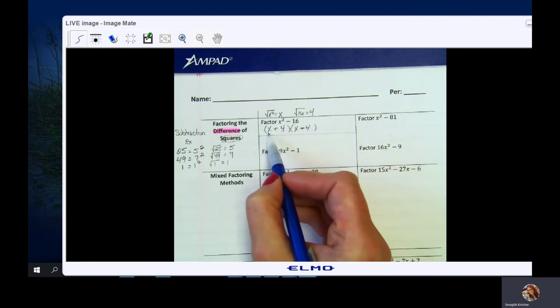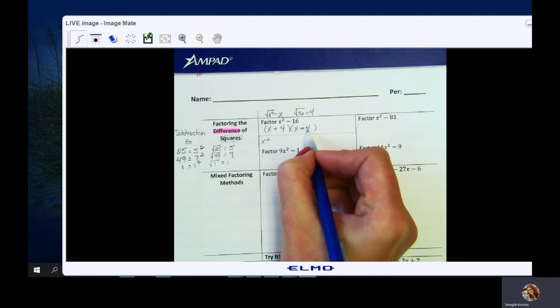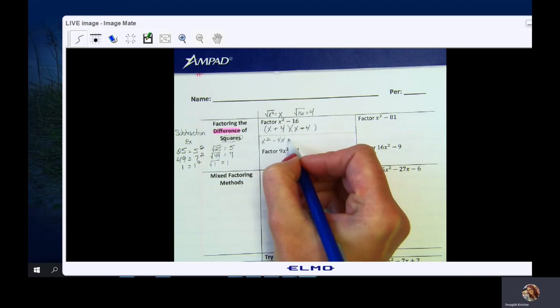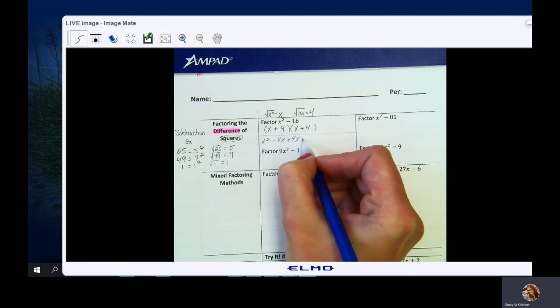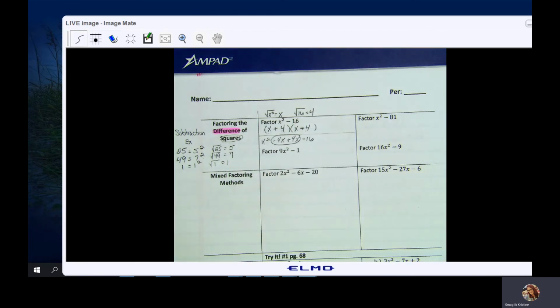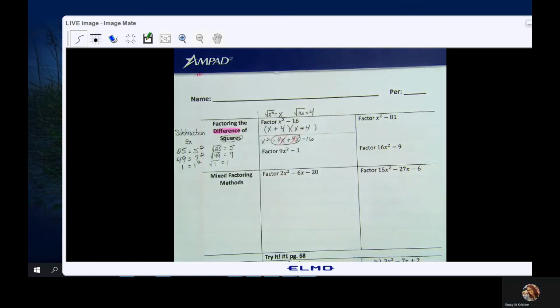X times x is x squared. X times negative 4 is a negative 4x. 4 times x is a positive 4x. And 4 times negative 4 is negative 16. Now notice my middle term goes down to 0. These cancel each other out.